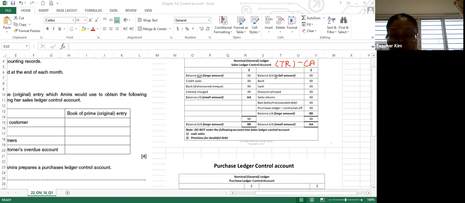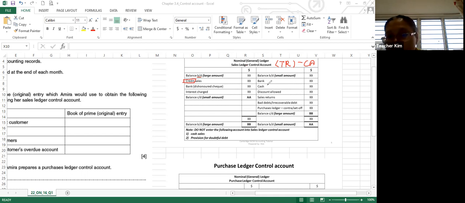If we are owing them, maybe due to returns, then we are owing money to them. And credit sales must be credit sales only, cannot include cash sales. When the customer pays by cheque, we put it here on the credit side. Pay cash, put into the credit side.